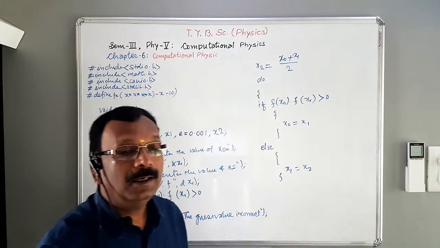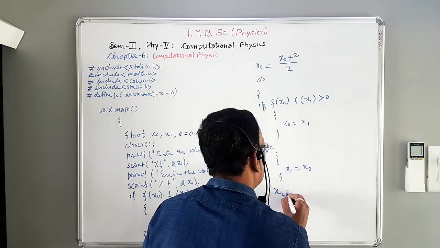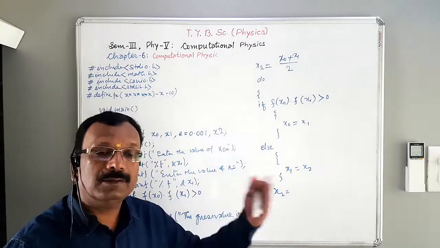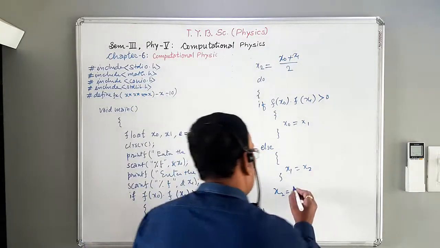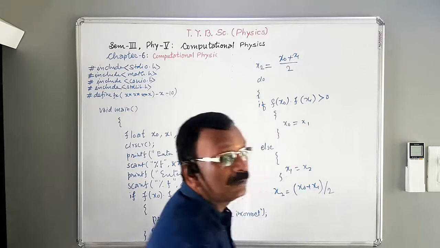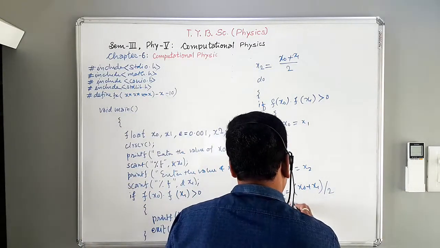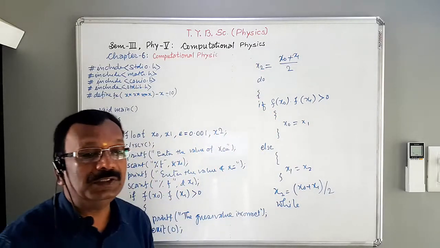Then again check the next condition, or for the second iteration again x0 plus x1 divided by 2, and for that purpose the do while function is used.